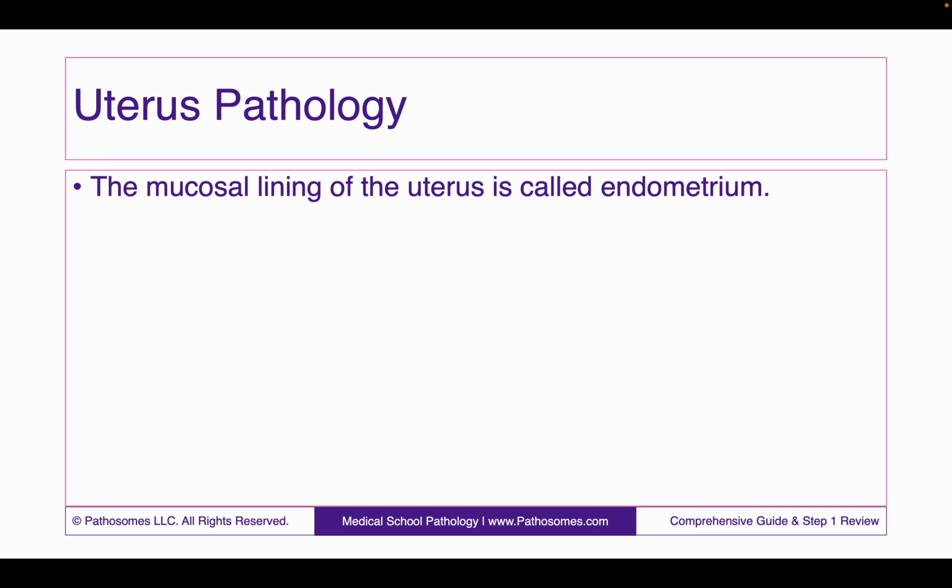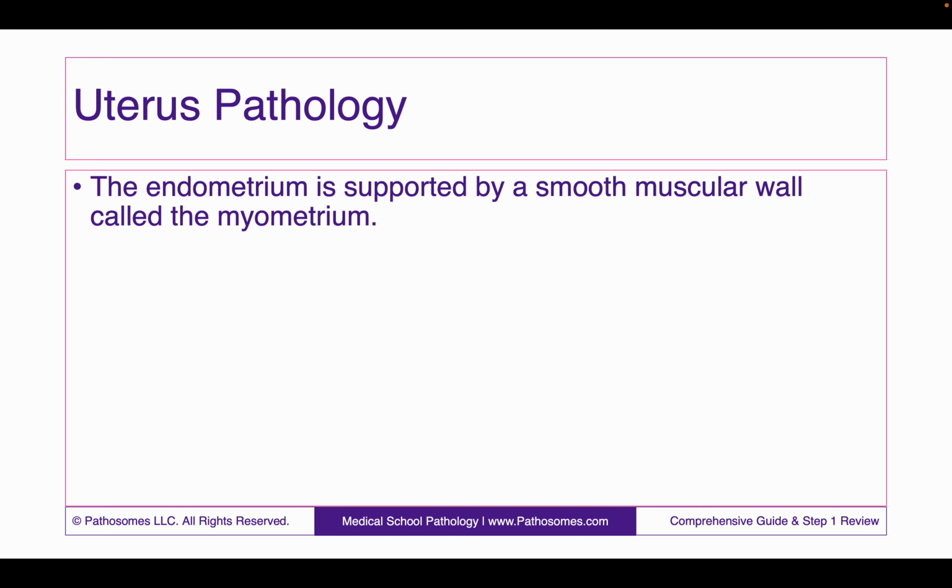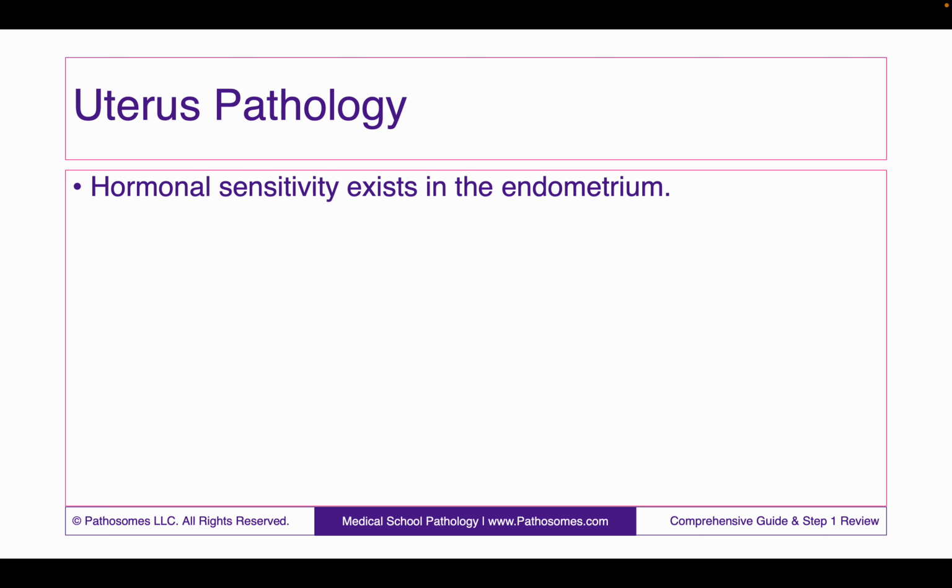The mucosal lining of the uterus is called the endometrium, okay? Endometrium. The endometrium is supported by a smooth muscular wall called the myometrium. Hormonal sensitivity exists in the endometrium.